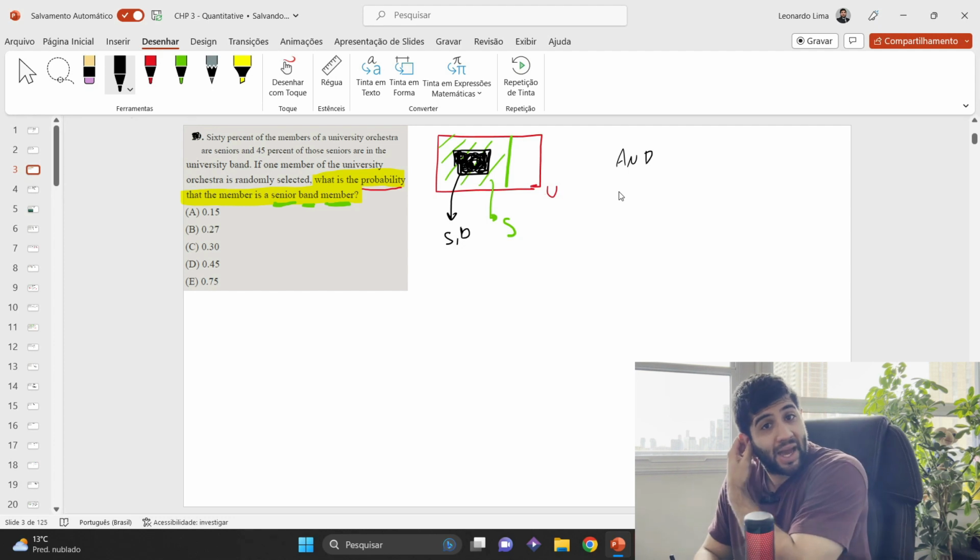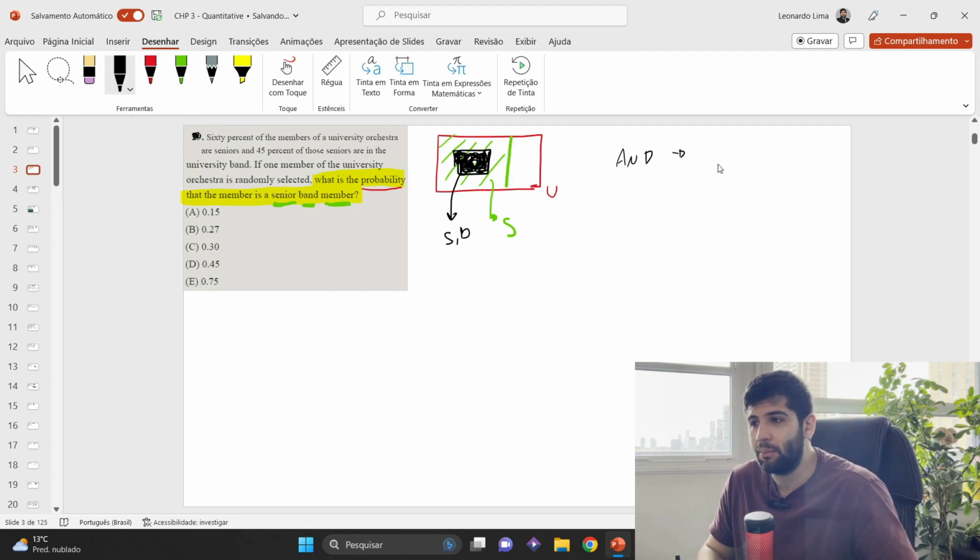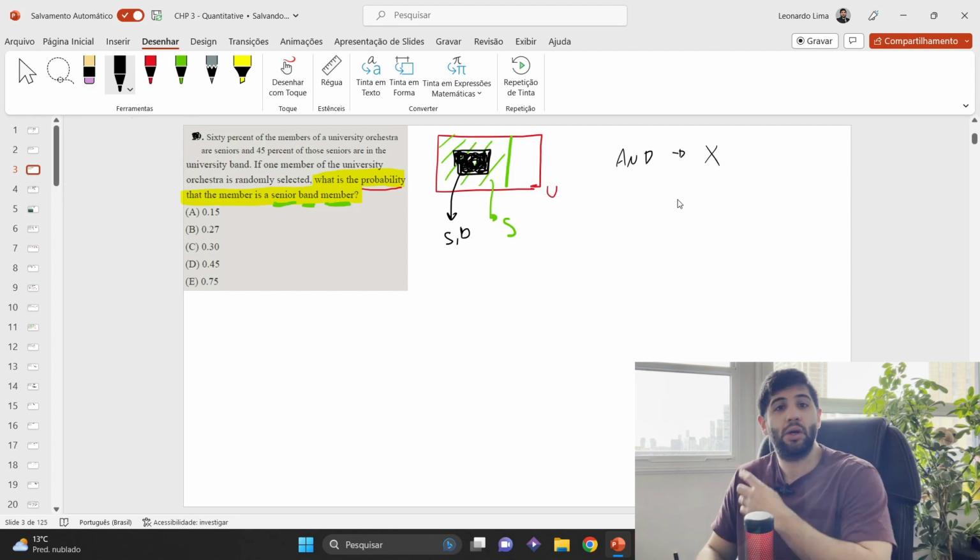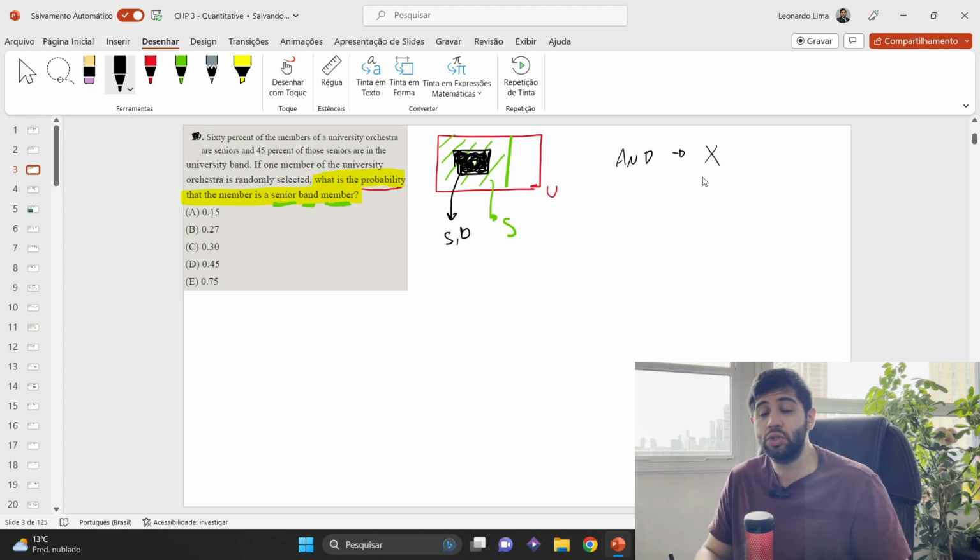When we have "and," we are going to do a multiplication. We are going to multiply the percentage rates that we get from both characteristics. That's something that we need to memorize, or perhaps you are going to better understand it with all the types of percentage or probability questions that we have.